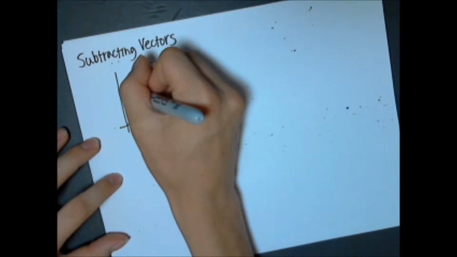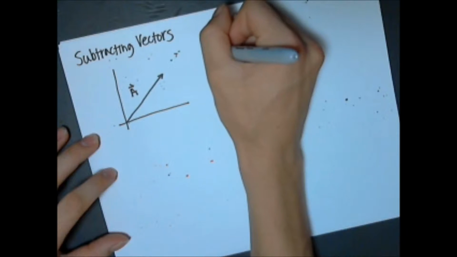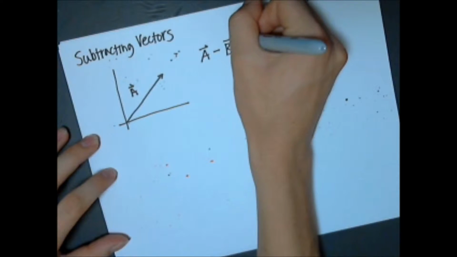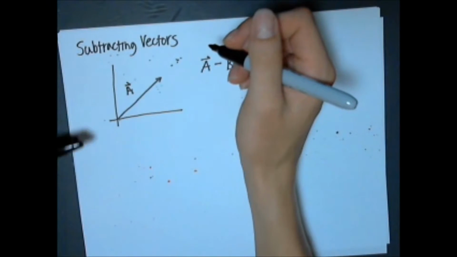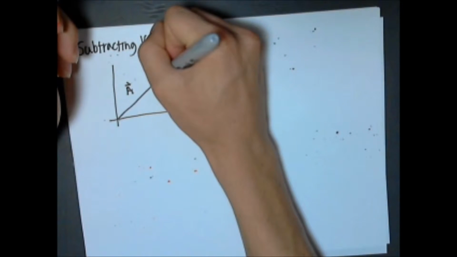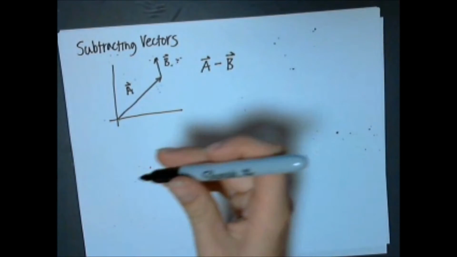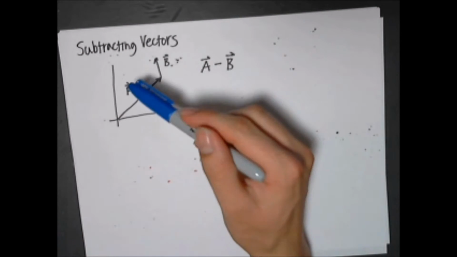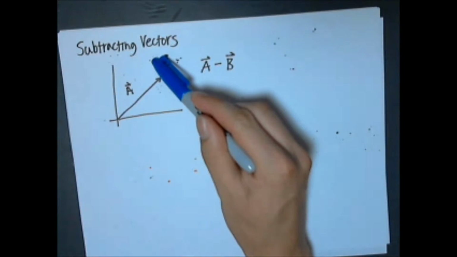We'll have vector A here, and then let's say we want to do vector A minus vector B. So if we have another vector, B, say we put it right here, as demonstrated previously, if we wanted to add these vectors, not subtract them, we could simply draw a resultant vector from the tail of the first to the tip of the final vector.